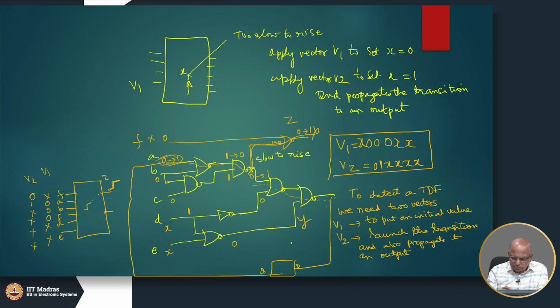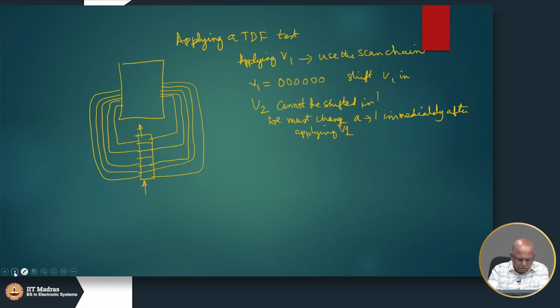Now, if I capture, A will become 1. Okay. So, if I capture after applying V1, A will become 1. So, we lucked out. Okay. We got the transition that we were looking for.